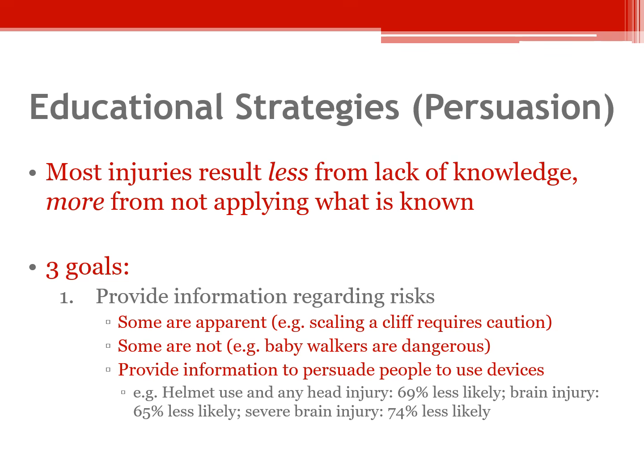If you're wearing a helmet on some kind of wheeled conveyance and you have a collision event, you're 69% less likely to have a head injury, 65% less likely to have a brain injury, and 74% less likely to have a traumatic brain injury, the type of injury that alters the course of the rest of your life.